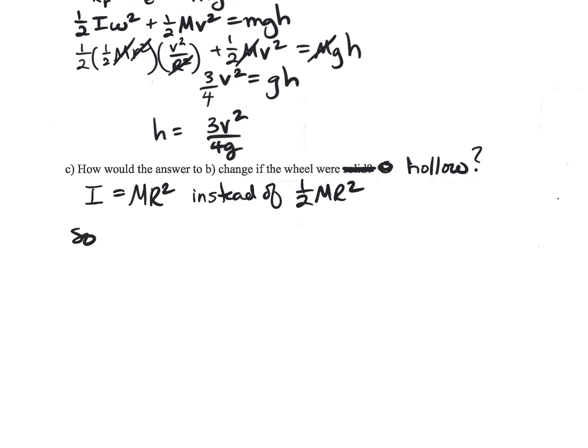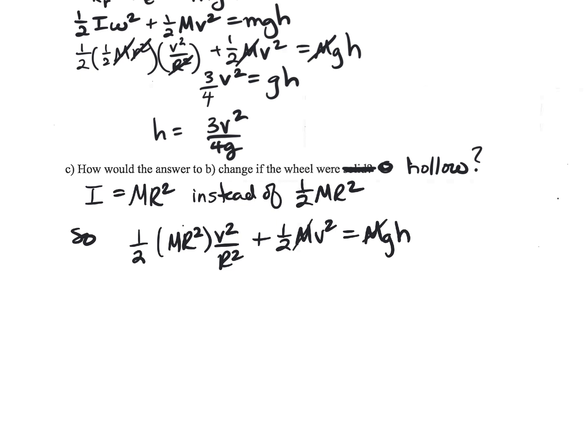So we get 1/2 mr squared, v squared over r squared, plus 1/2 mv squared equals mgh. M and m go away, r squared and r squared go away. So instead of having 3/4 v squared over g, we have h equaling just v squared over g.